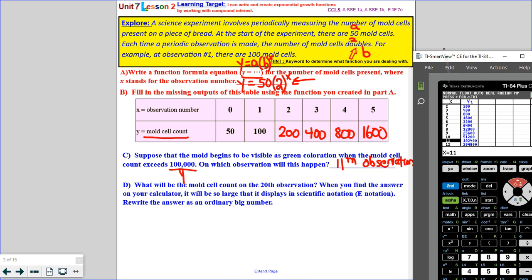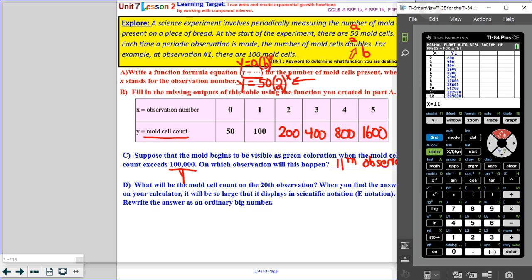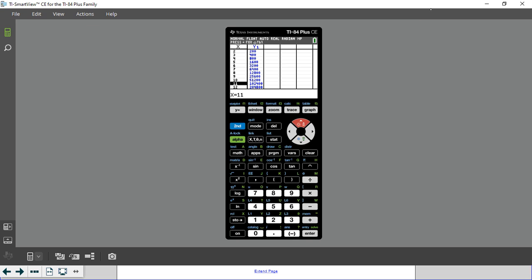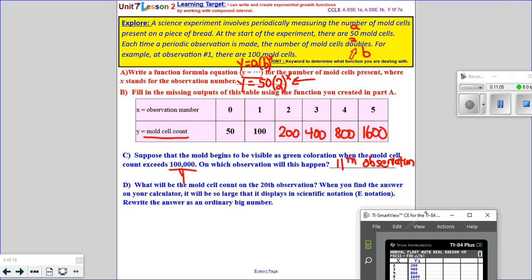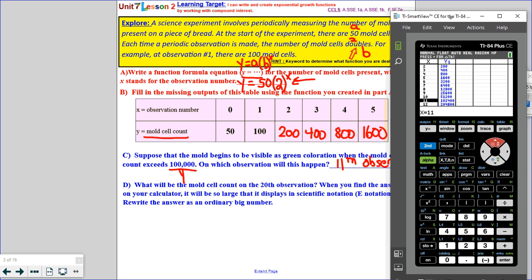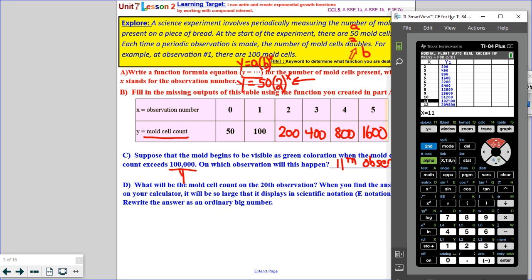So the really good thing about using the calculator is that you could, it's for any x. Like if they said, what's the y for the 12th observation? What's the mold cell count for the 40th observation?